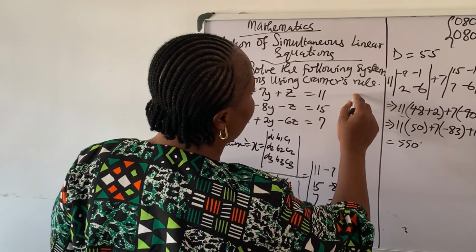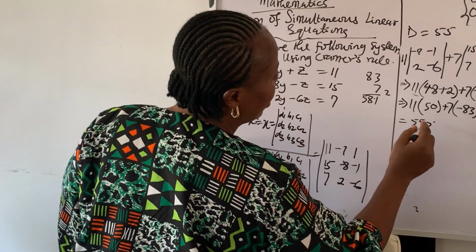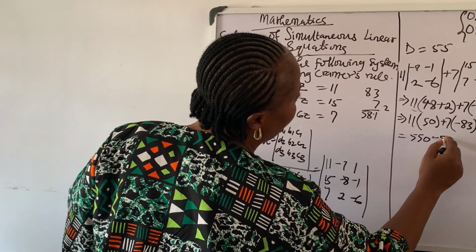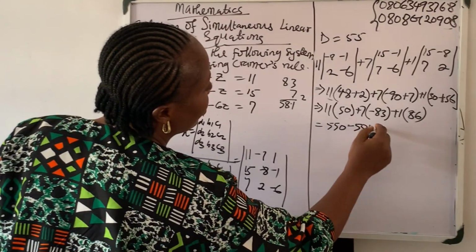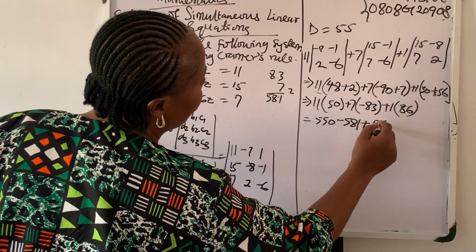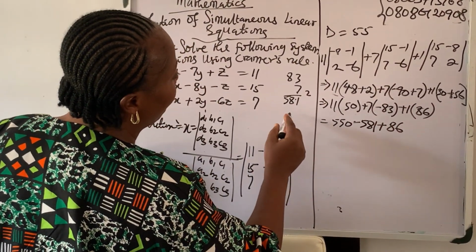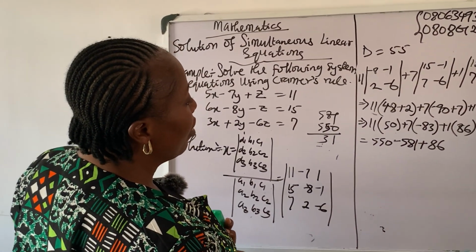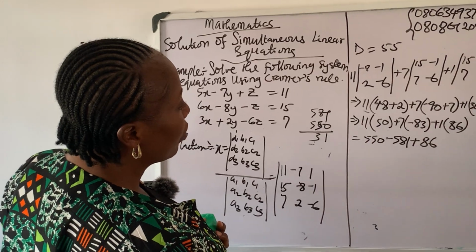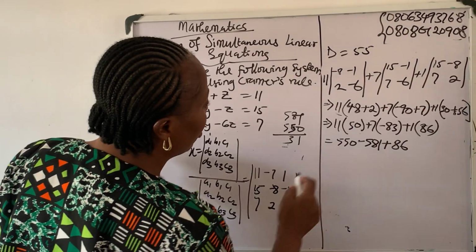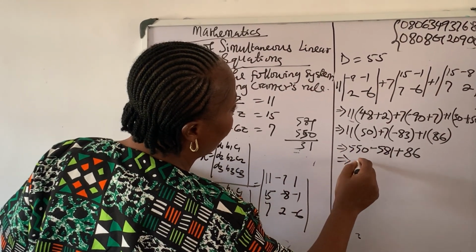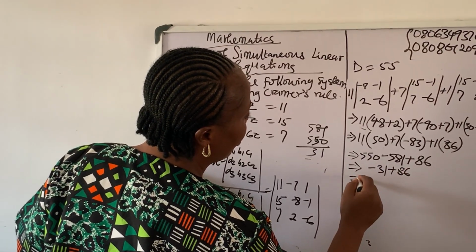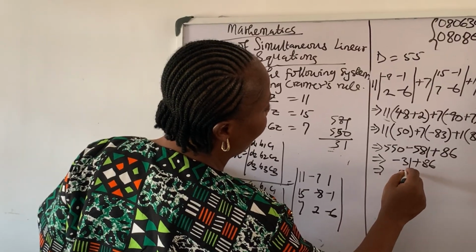7 times minus 8 times minus 83 will give us minus 581. 1 times 86 is 86. Now 550 minus 531 will give us minus 31 plus 86, giving us 55.